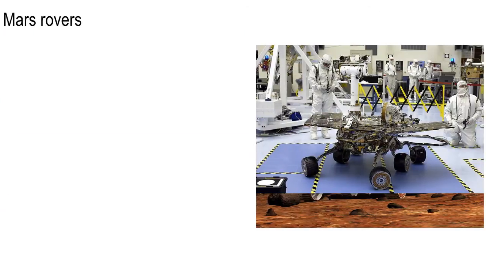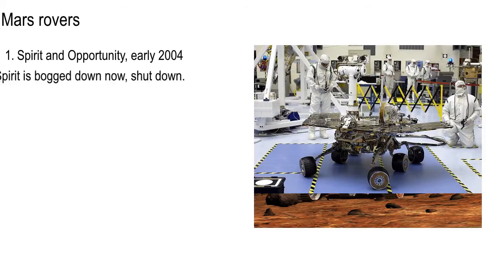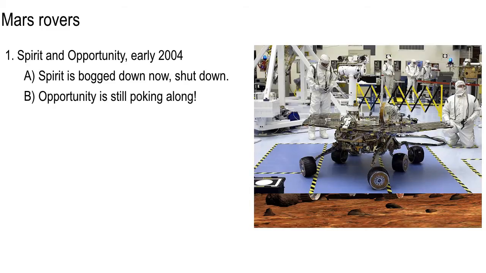Here's some more. Let's take a look at Spirit and Opportunity. Spirit is bogged down and shut down, but I think Opportunity is still kind of poking along up there. A little bit bigger, a little bit more solar cell area. You can see here a little bit different locomotion system.